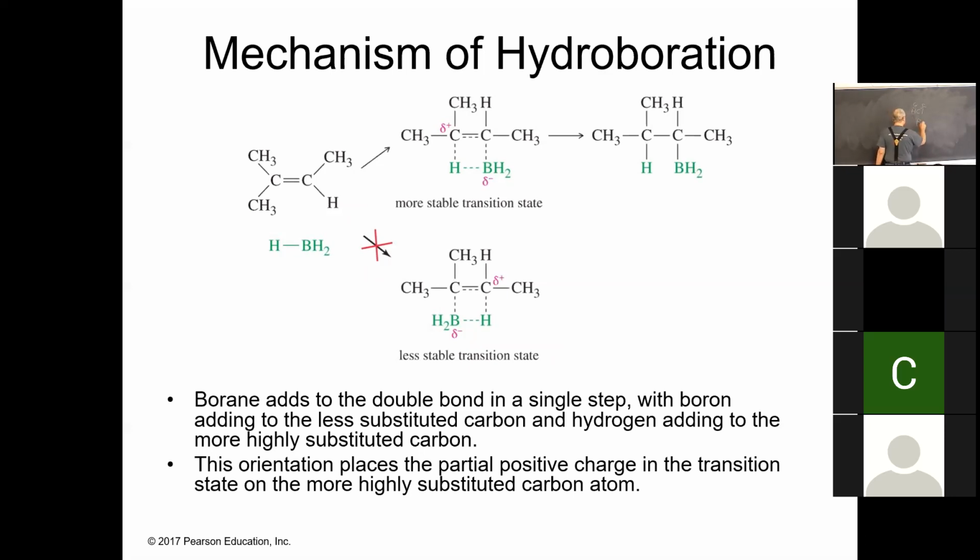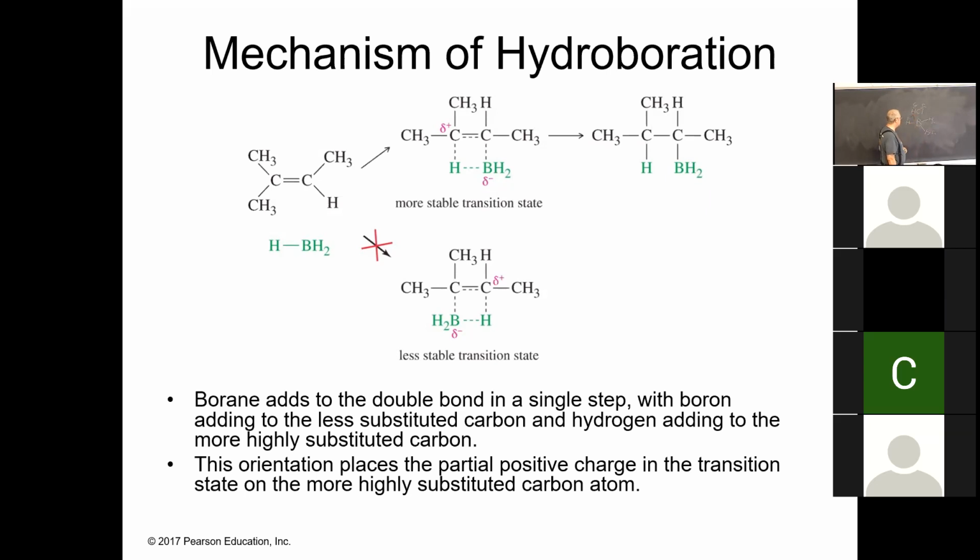Borane, on the other hand, actually has the opposite polarity. So here, hydrogen is partially negative. And not only that, the alkene group is nucleophilic, and so instead of attacking the hydrogen, it's going to attack the boron.